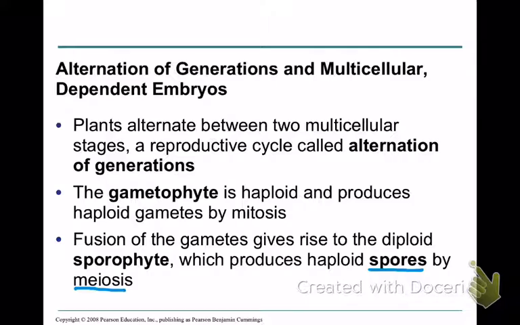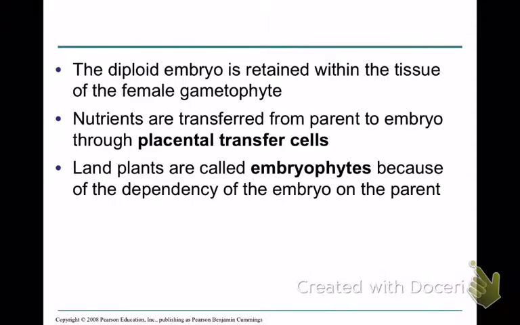That's a key point of the alternation of generations. So the embryo is retained within the tissue of the gametophyte, so that's why we call plants embryophytes, because that embryo is dependent on the parent, although it is an independent organism.